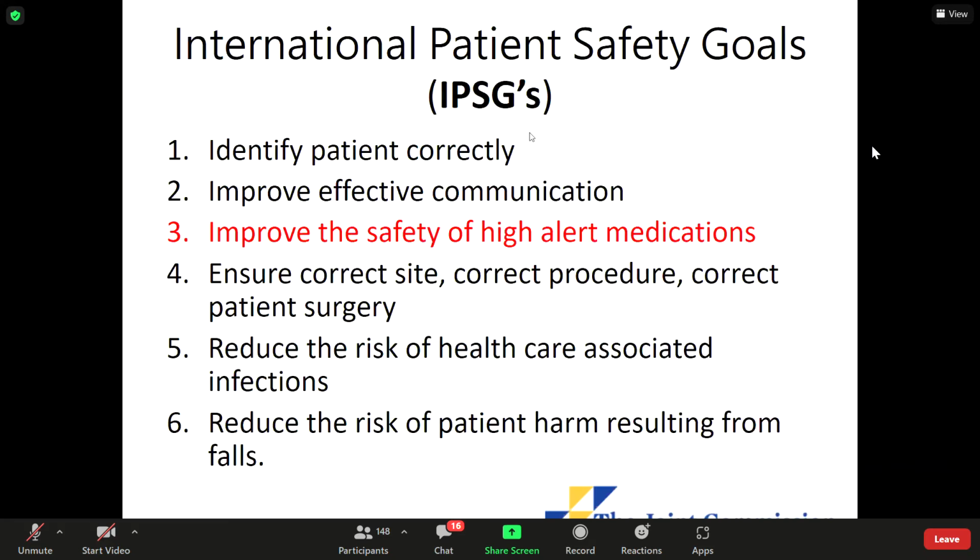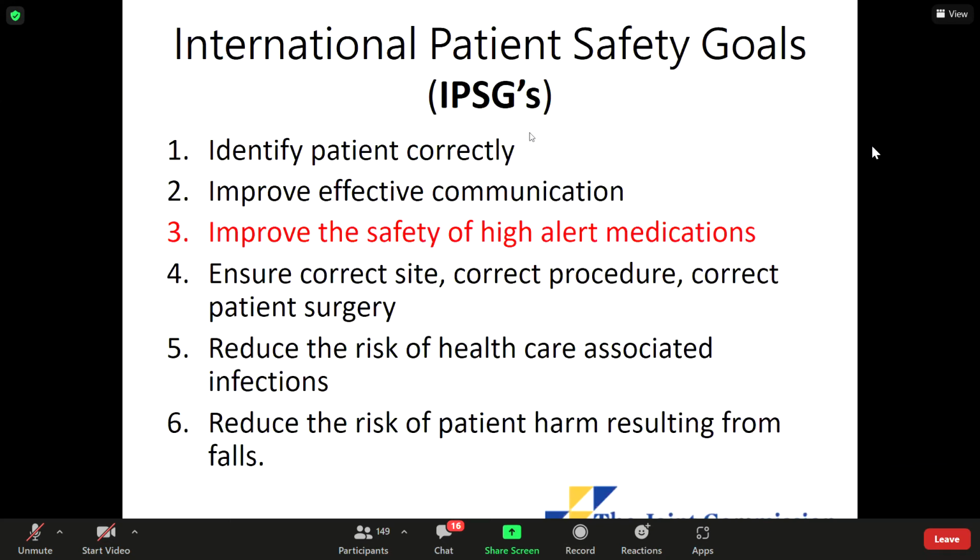So that's why we need to identify patients correctly by mentioning the patient's full name and the MR number. At this stage, we will be preventing any errors of giving the medication to the wrong patients.